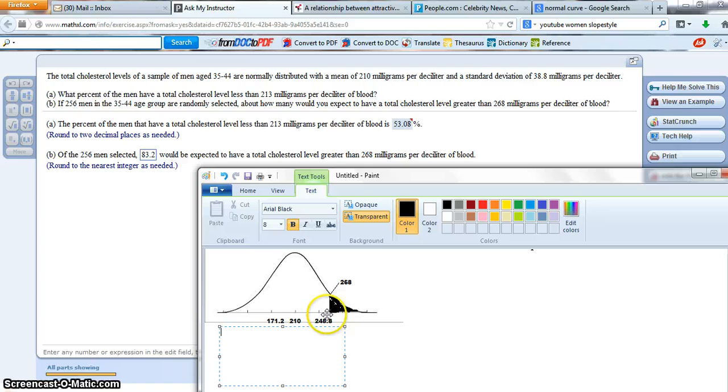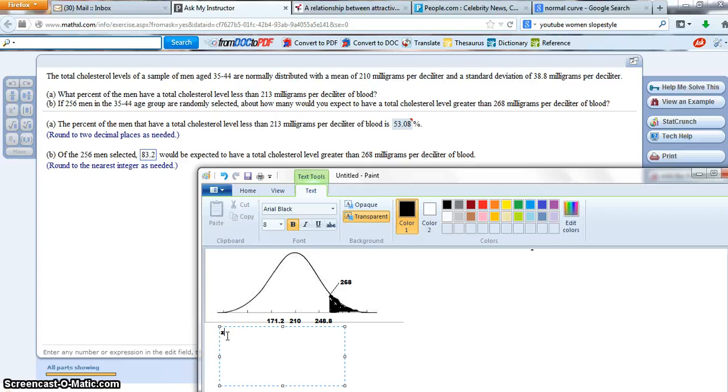So that corresponds up here. I've got my cutoff at 268. I want to know what proportion are above that. So that corresponds to the area under the curve above 268. So here I'm going to need to convert my lower and upper limits into z-scores so I can figure out the proportion I expect to be up there using the standard normal. Since my lower limit is 268, I need the z-score for that.